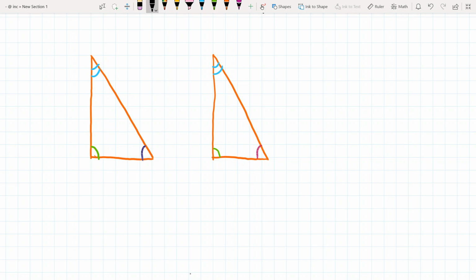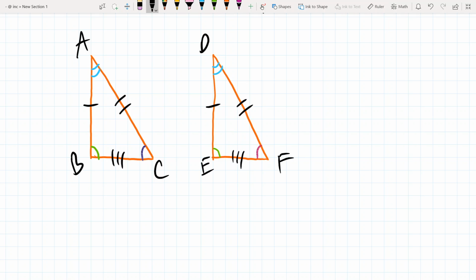Also, whatever length this side is has to match this one, and this side has to match this one, and this side has to match this one. Everything has to be the same for those triangles to be congruent. If it is, and this is ABC, and this is DEF, then you can make the statement that triangle ABC is congruent to triangle DEF.